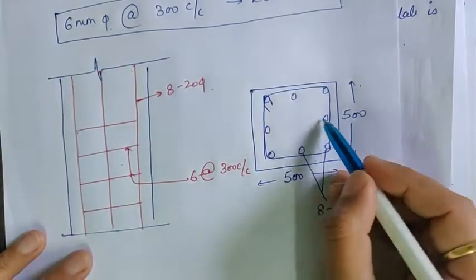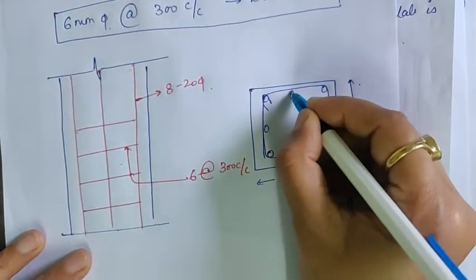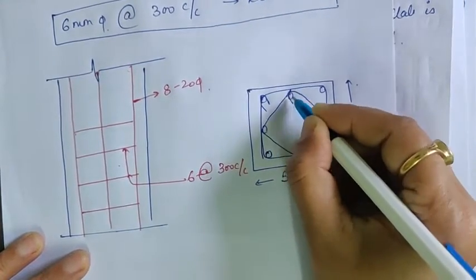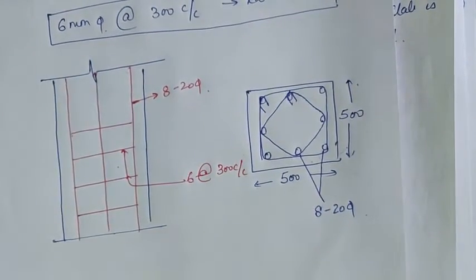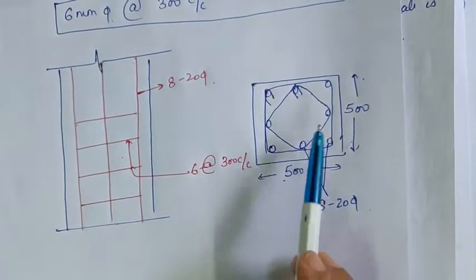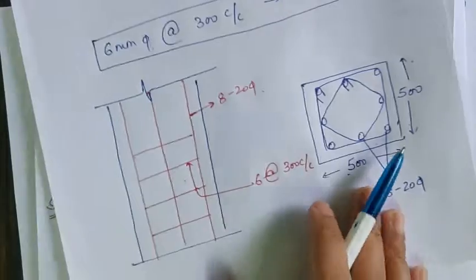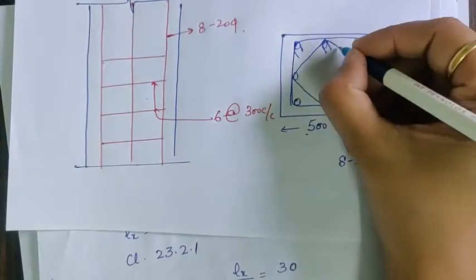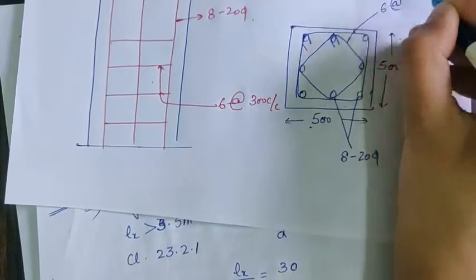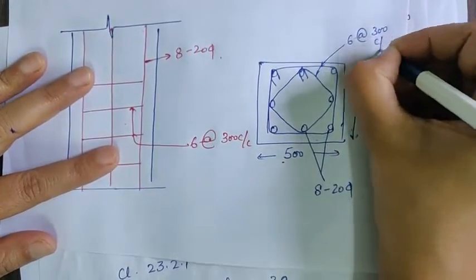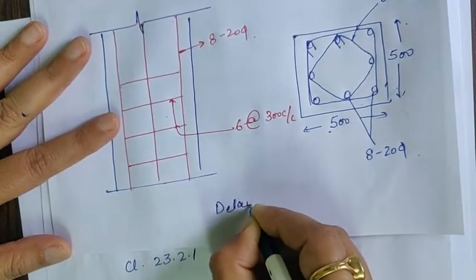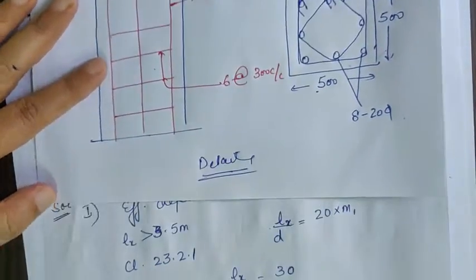Now because these bars are also to be connected, the next tie will be done like this. I have already given one lecture in which we found out what are the conditions for lateral ties, how the things are to be connected. Is it okay? So we'll write it down, 6 at the rate of 300 center to center. So this is detailing of the reinforcement.